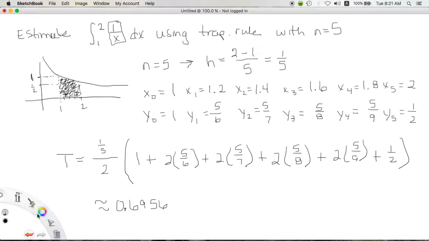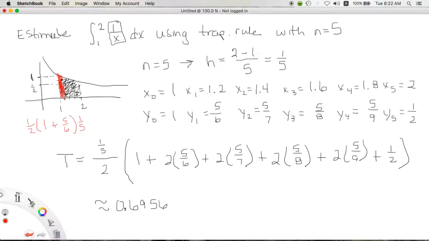All we did was find the area of each of these trapezoids. So we had one trapezoid here, and the area of that trapezoid was 1/2 times b1, which is y naught, the 1 over 1, plus b2, which was the 1 over 1 1/5, so that's the 5/6, times the height, which is the 1/5 here.